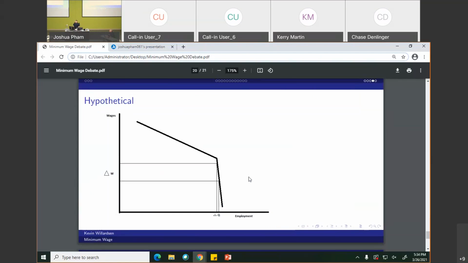Even standard economists who consistently argue that there's no employment effect, if you push them hard enough, if you back them against a wall, they're going to concede that eventually, if you keep increasing the minimum wage, there must be an employment effect. There has to be, right?